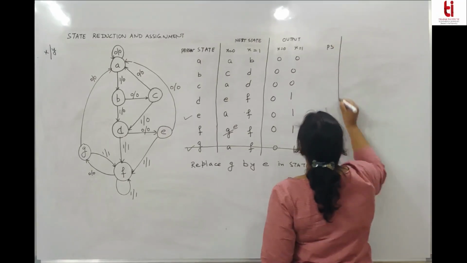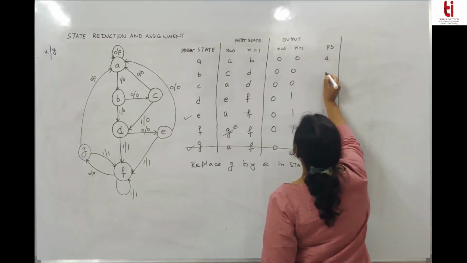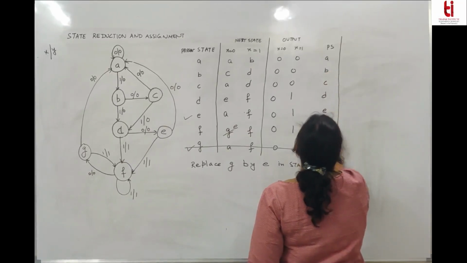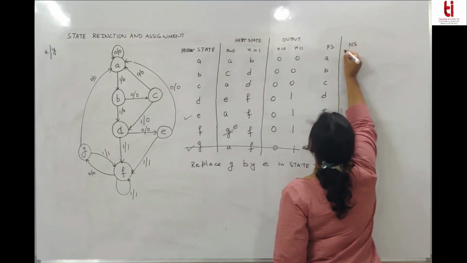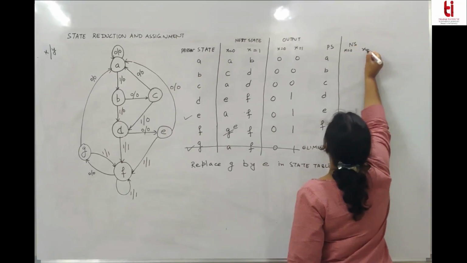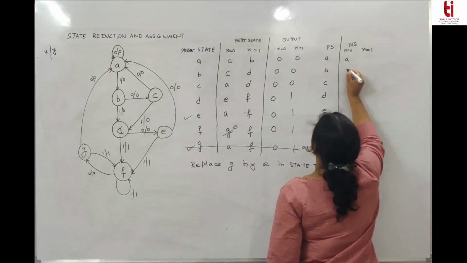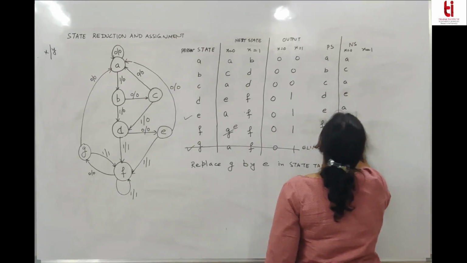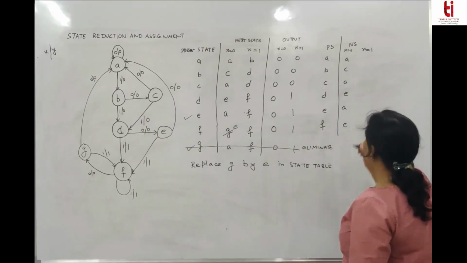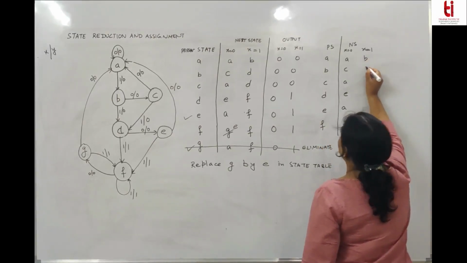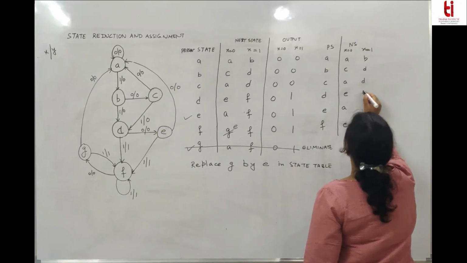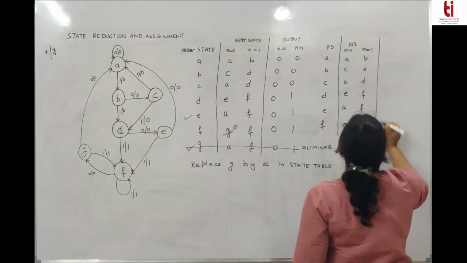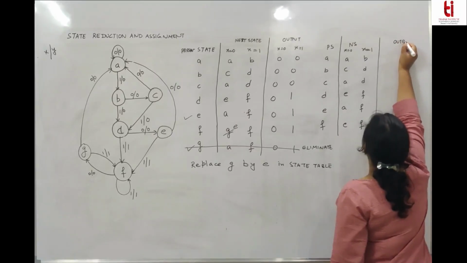This is the present state: A, B, C, D, E, F. What is the next state for x equal to 0 and x equal to 1? A, C, A, E, A, E, because G has been replaced by E. B, D, D, F, F. And what is the output?